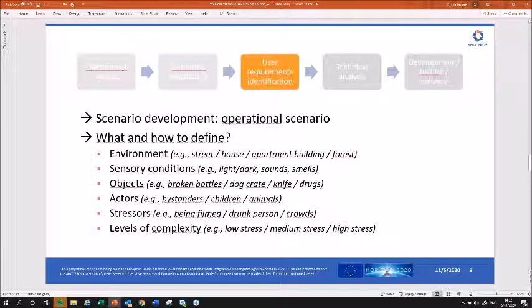To rate all these stressors on how stressful they perceive them, and hopefully in the end we can develop a support tool for development of training scenarios in which you can say, okay, I want a medium stress level scenario, so what kind of stressors or what combination of stressors can we implement to reach a medium stress level? We are currently working on that with the Belgian Crisis Center, also in the context of ShotPros.